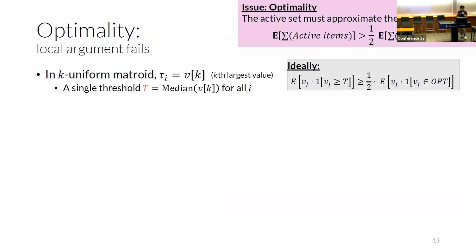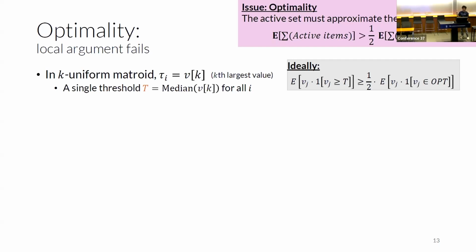I'm not going to cover the whole argument because it's kind of involved, but let me mention why a local argument fails. Formally, local arguments are the simplest arguments that we want to make if we want to argue that the set of active items can approximate the optimal set. Ideally, we want to argue that the contribution of each item can approximate the contribution of that item to OPT.